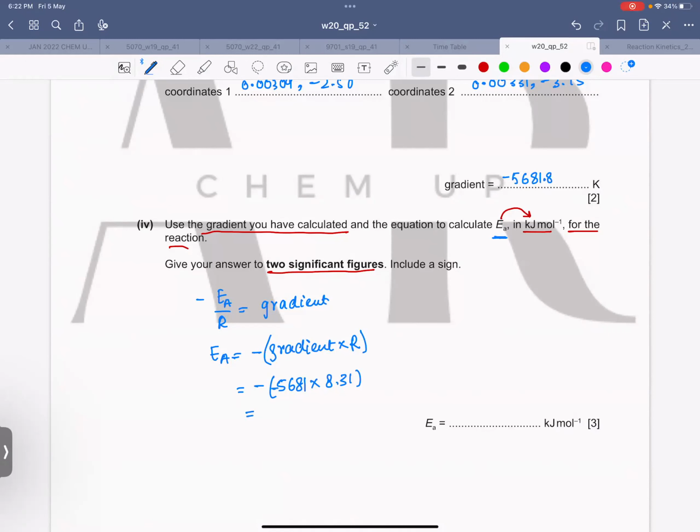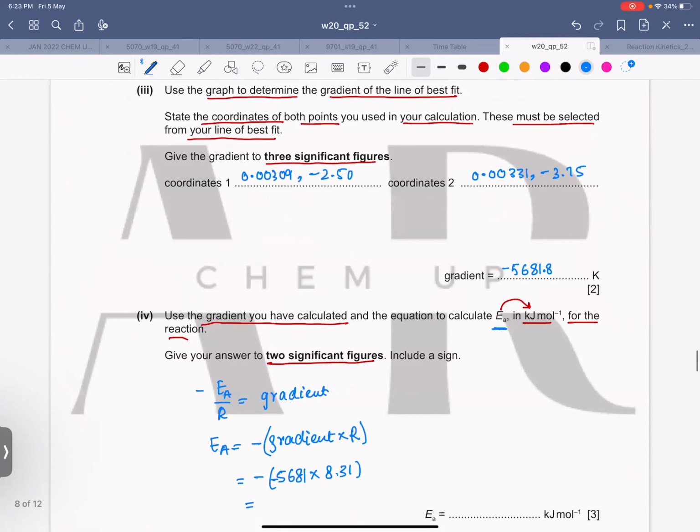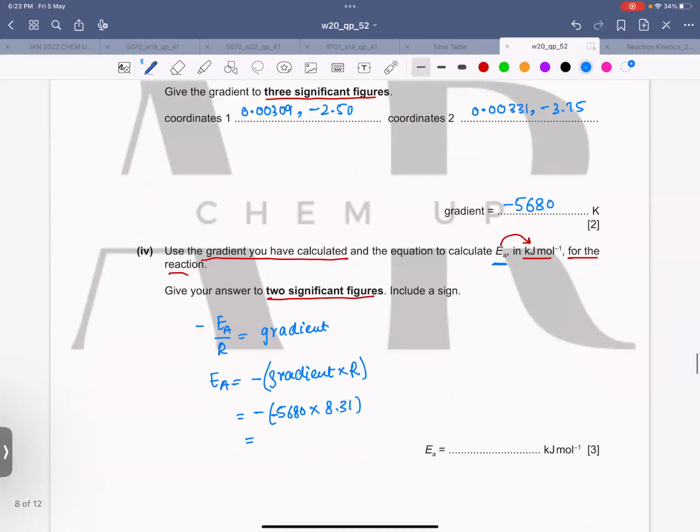Can anybody tell me the answer? I think it would be written as minus 5680. Yes, can anybody tell me the answer, please? 47209.1.